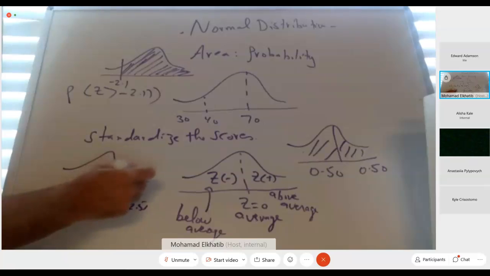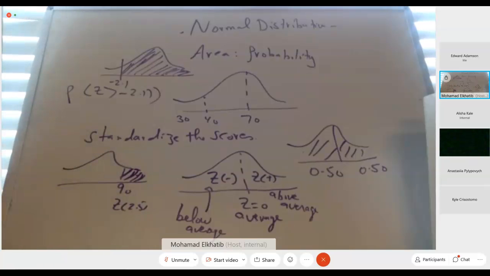So this area, it's not very big, is it? So then you say your chance is not that very good. So the area in a normal distribution curve tells you the chance of you making that score.